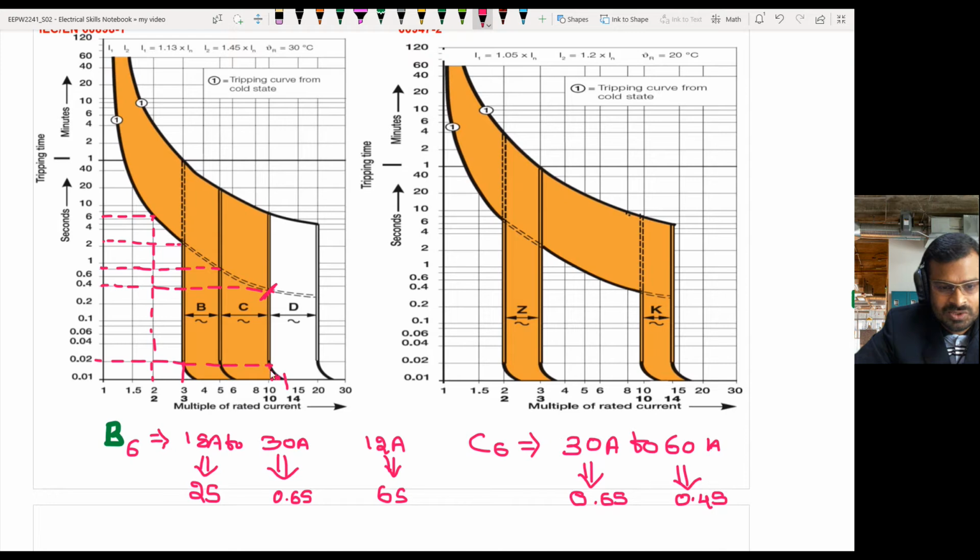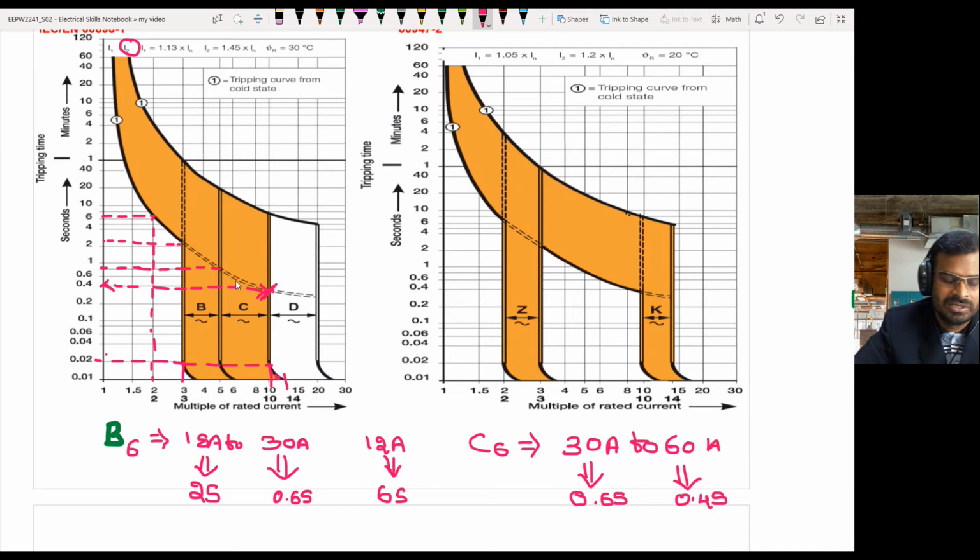Until this we can consider as an overload condition. That is from the normal IN value to 10 times IN; anything more than 1.45 times IN, if you are taking the I2 reference, from there up to 10 times IN we can consider as an overload, and beyond these values we can consider as a short circuit condition.